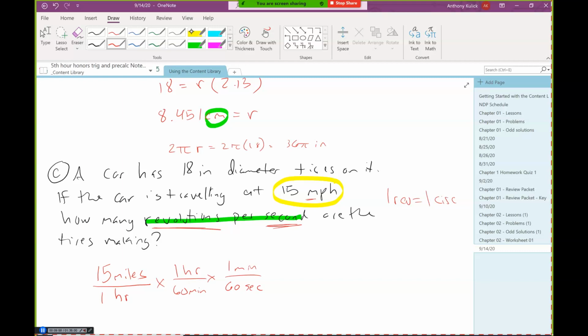Or I could do inches into miles, but I think it's more natural to go miles down to inches. So I know that 1 mile is 5,280 feet. I know 1 foot is 12 inches. And I know that 36 pi inches is 1.